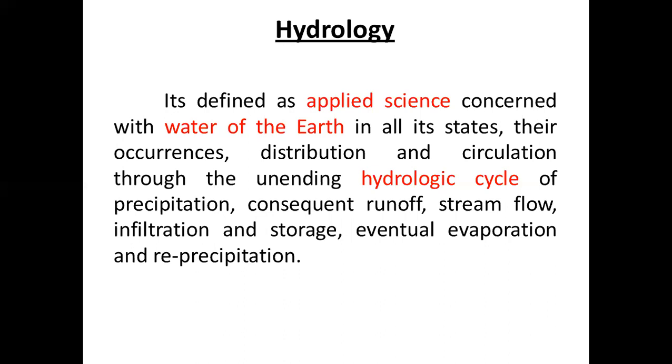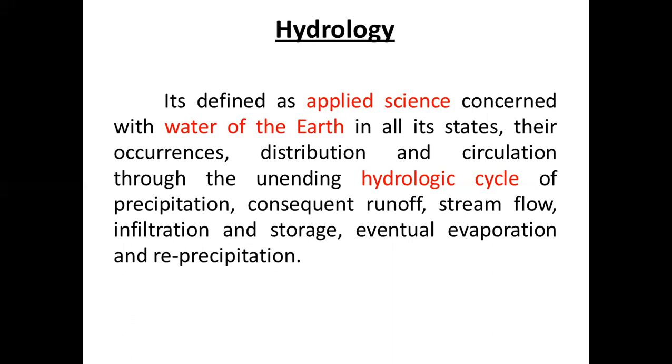Now the different states include the study of water above the land. For example, you can distribute it into three parts: the study of water above the land, the study of the water on the land, and the study of the water below the land. Okay, so the study of the water above the land is called precipitation.